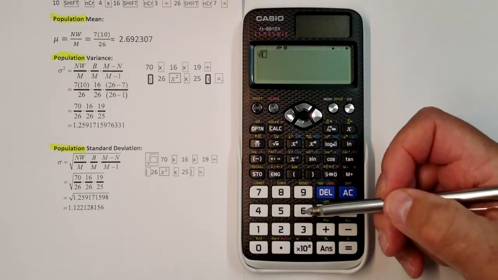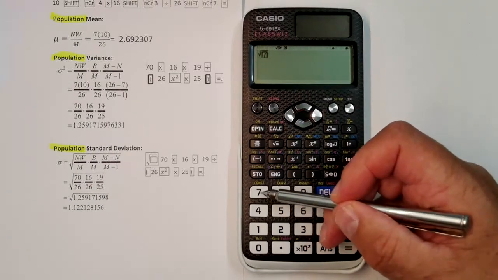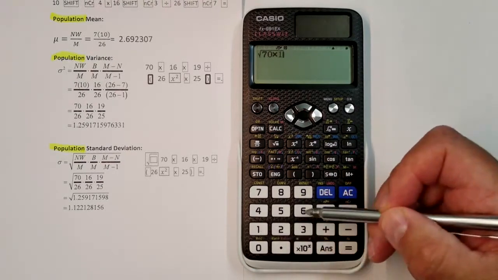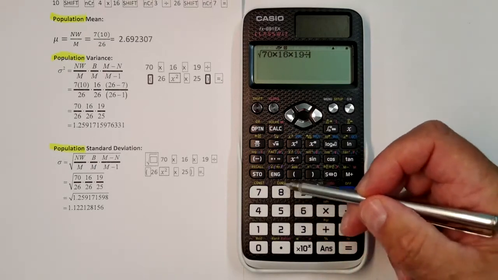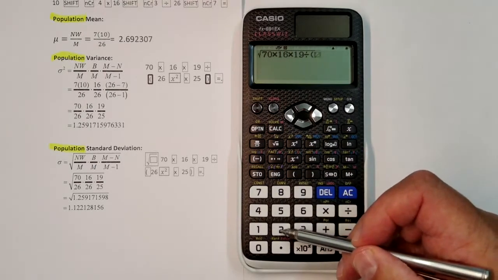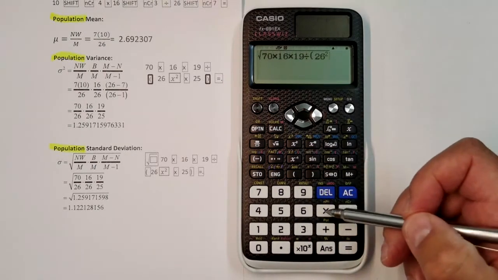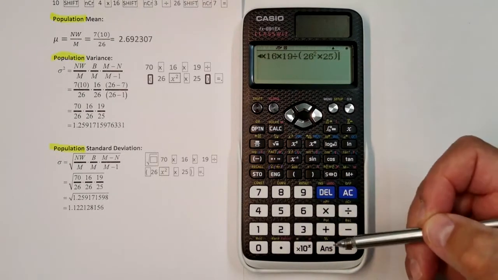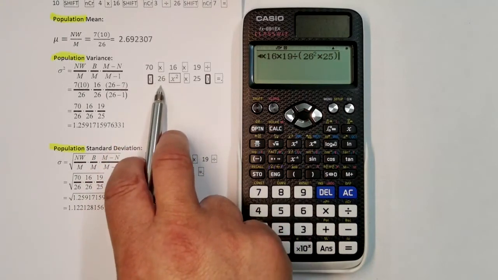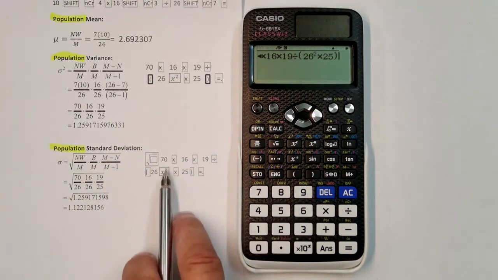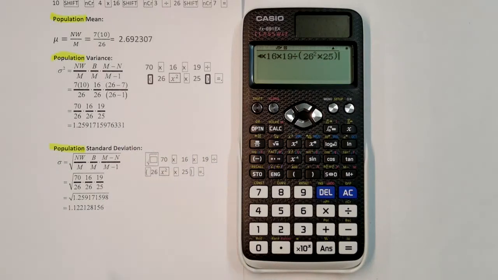Hit the square root button, and what I would just do, go 70 times 16 times 19 divided by open parentheses 26 squared times 25 close parentheses. So it's the same thing I did here. I did exactly these steps. The difference now is that I hit the square root first. It equals, and it gives me the exact number.